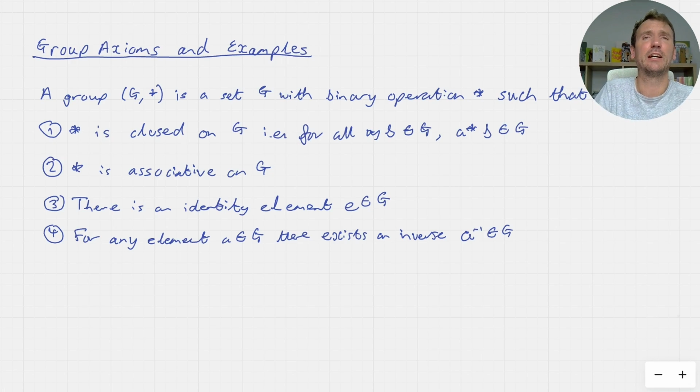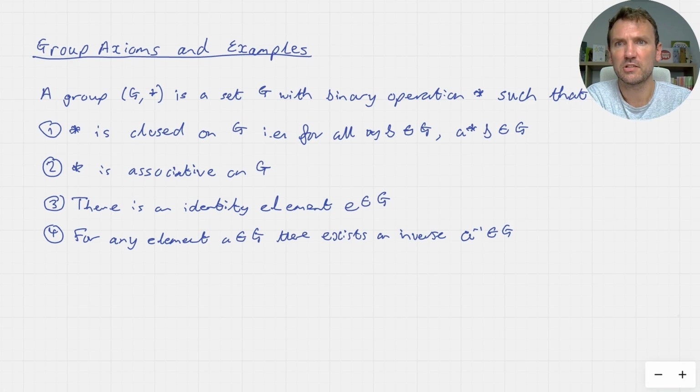An example there would be if you take the positive integers and you perform addition, then when you do one positive integer plus another positive integer, you get a positive integer as your answer. So therefore it's closed because our answer is staying in the same set we started from.